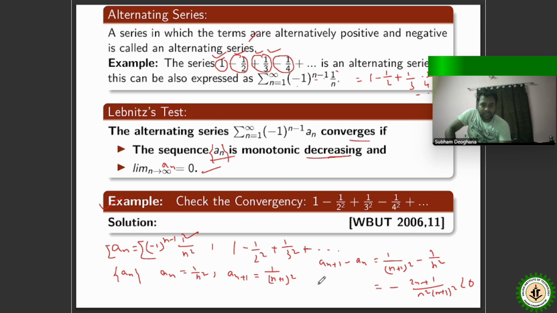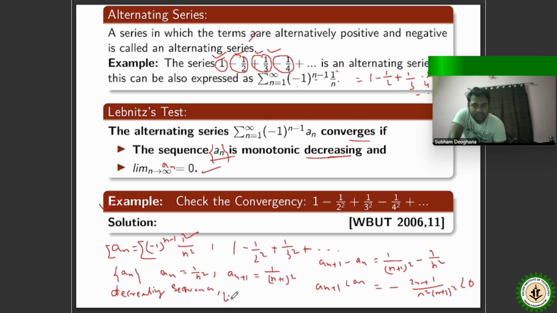So n+1 is greater than n, so the next term is always less than the previous term. That's why it is a decreasing sequence.